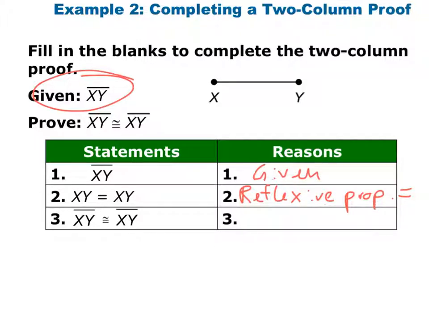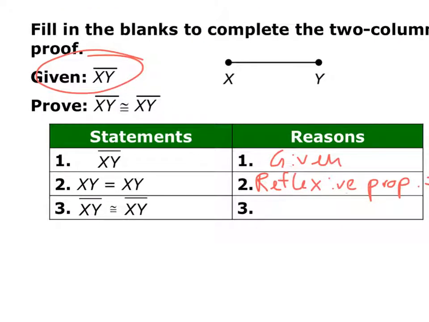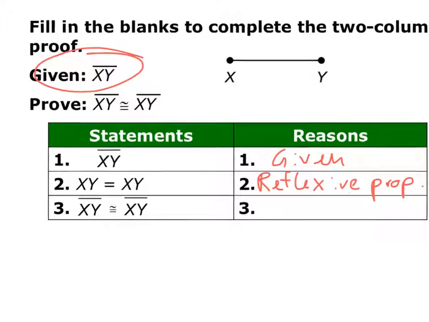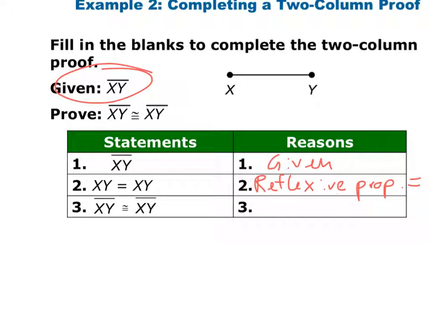Now we have segment xy is congruent to segment xy. Well, we wouldn't write proof, because we're trying to prove. So we need a reason for how we got from step 2 to step 3. This is just the definition of congruent segments.